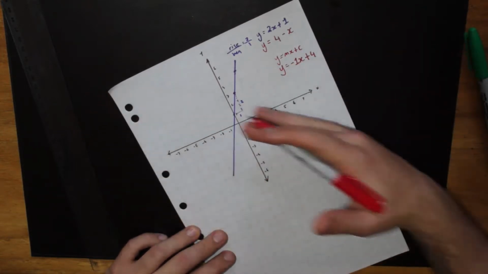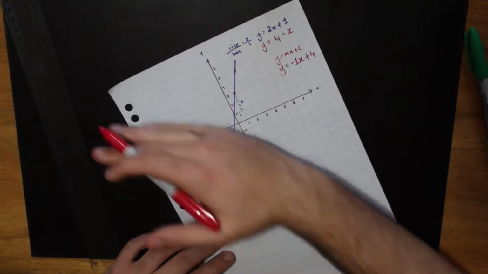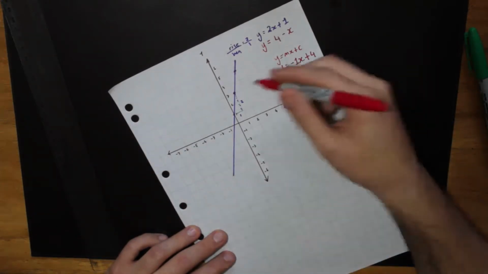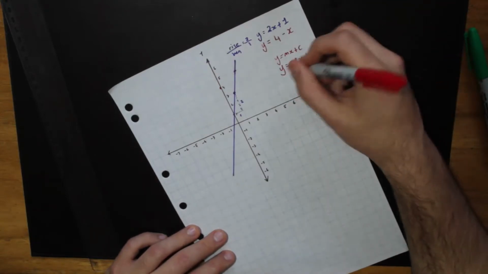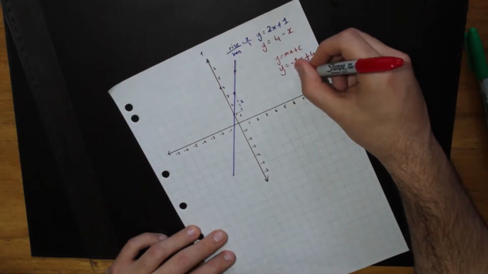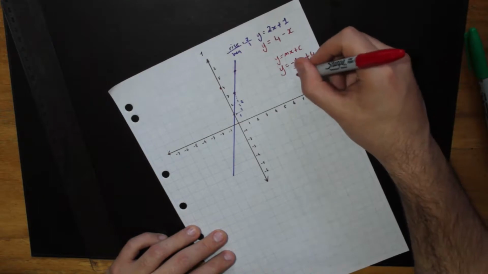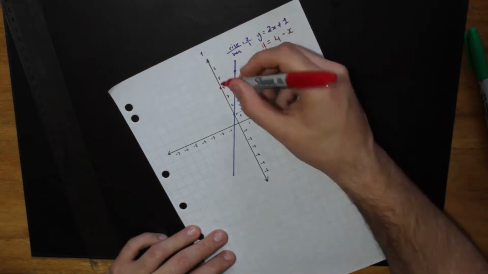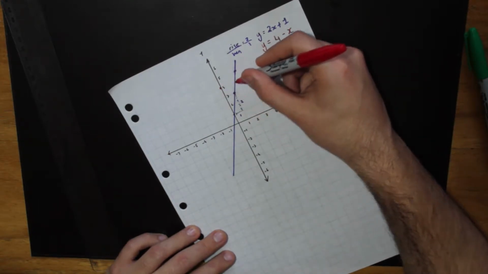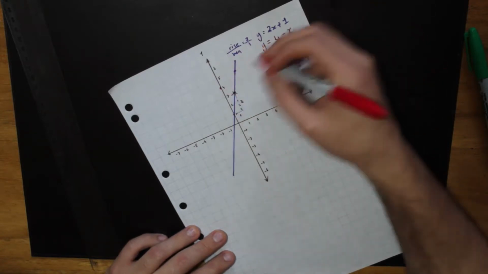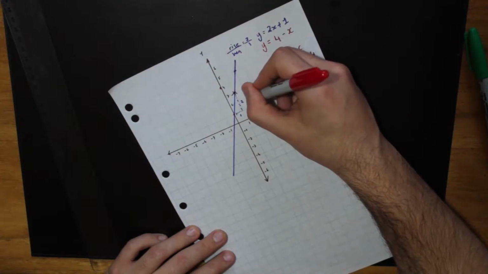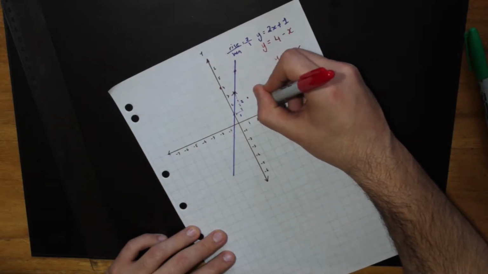So we know our line's going to be negative as it goes from left to right, so it's going to be going down this way. So let's plot it. Let's start at 4, the point we know. And using rise over run, I'm going to write that as a fraction here. Our run is 1, so as I go 1 across, I'm going to go down 1. That's right here. As I go 1 across, I go down 1, 1 across, down 1.